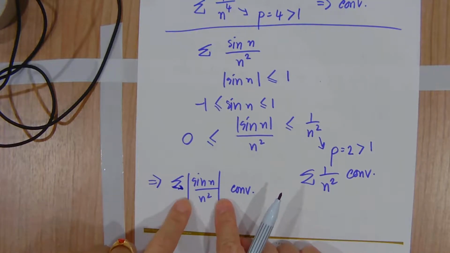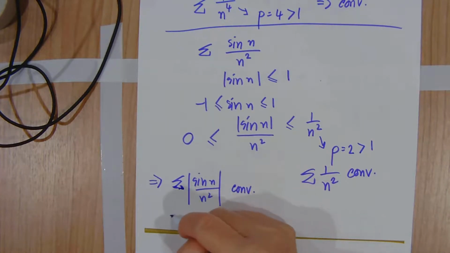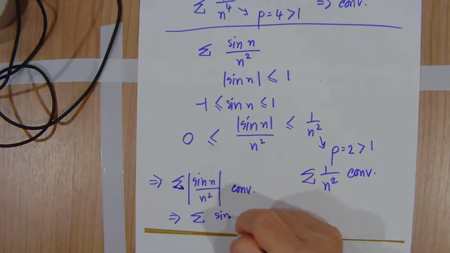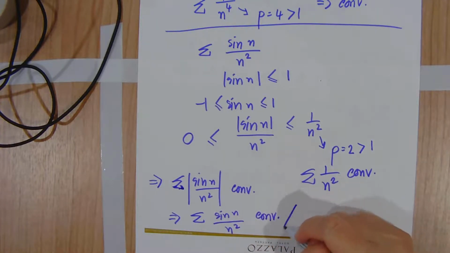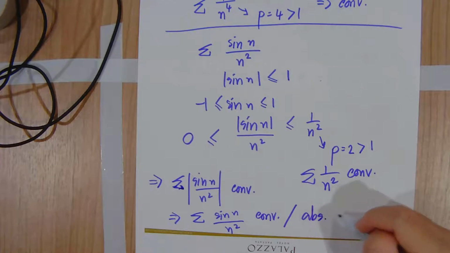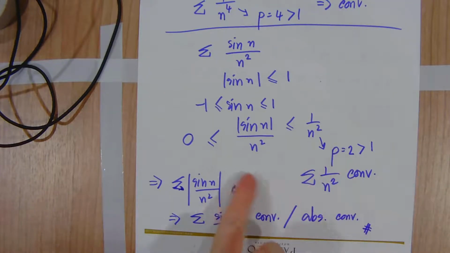But this is with the absolute sign, right? So then we get that the series without the absolute value also converges, and it's absolutely convergent too. Okay, that's all. Use the comparison test.